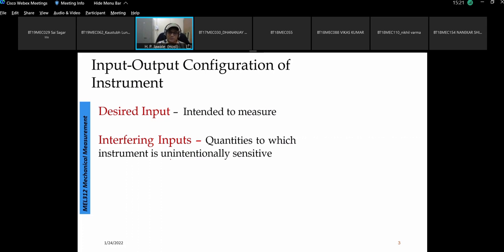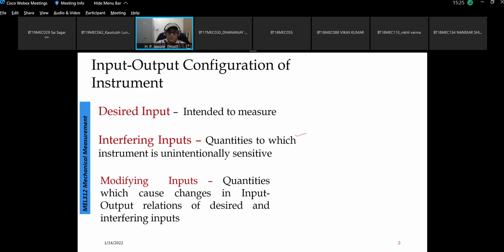So that is nothing but our interfering input. The third kind of input is the modifying input: the quantities to which the measurement system is sensitive, but which affect both the interfering as well as the desired input. It is called a modifying input.